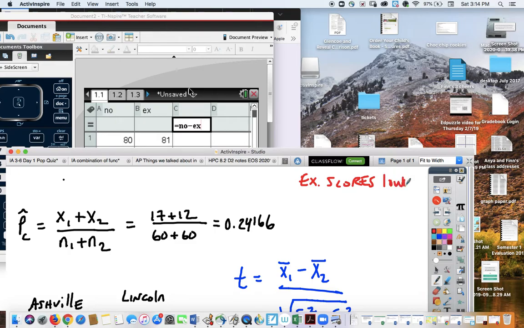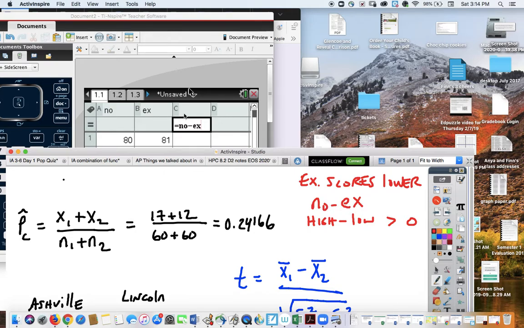So if I do normal minus extended, then my normal scores should be higher and my extended scores should be lower, so I should get a positive difference. I think typically people like having a positive difference, so the higher one first minus the lower one second.